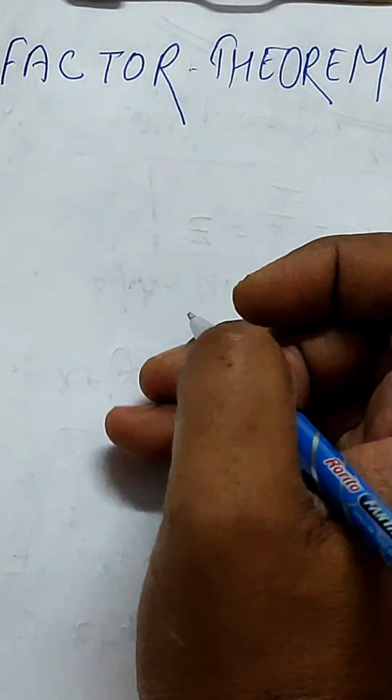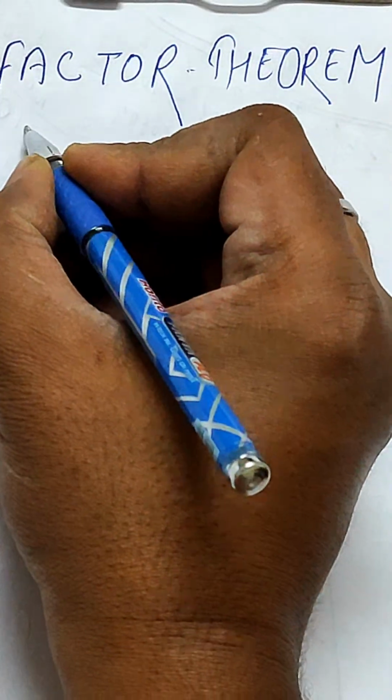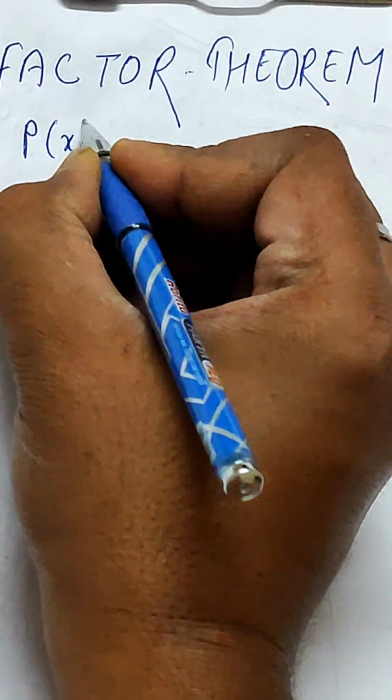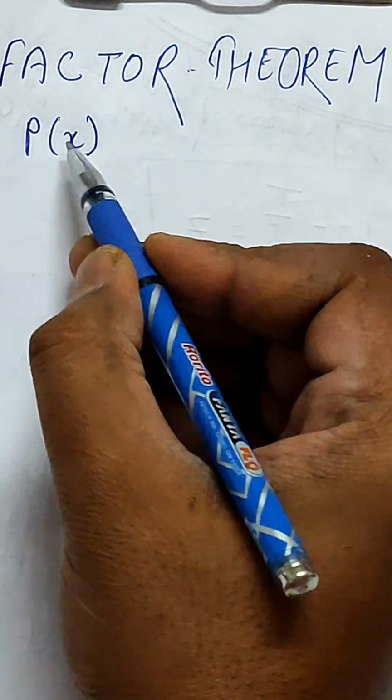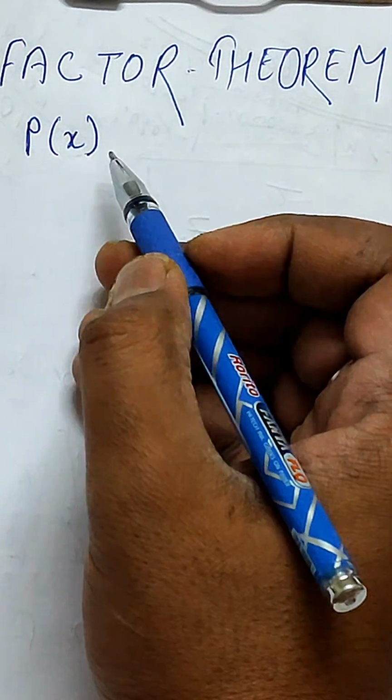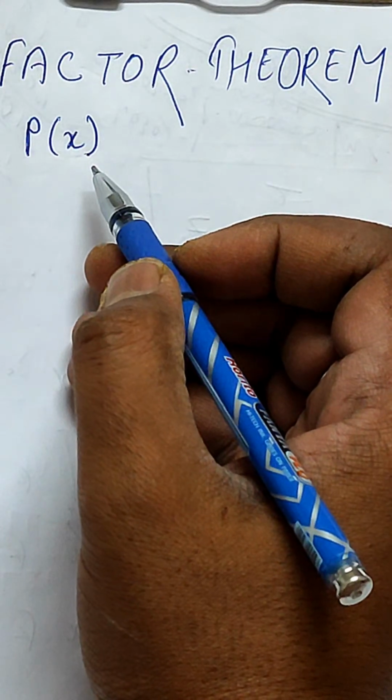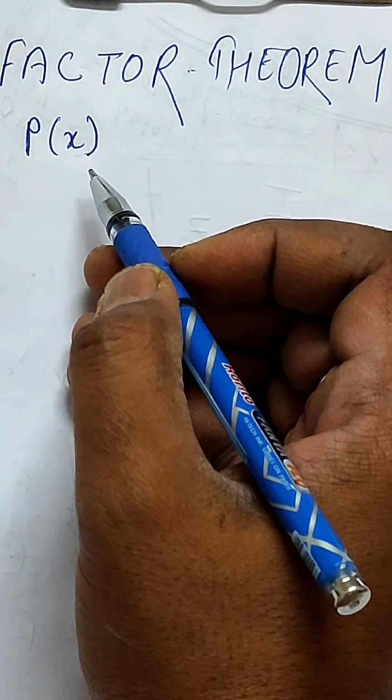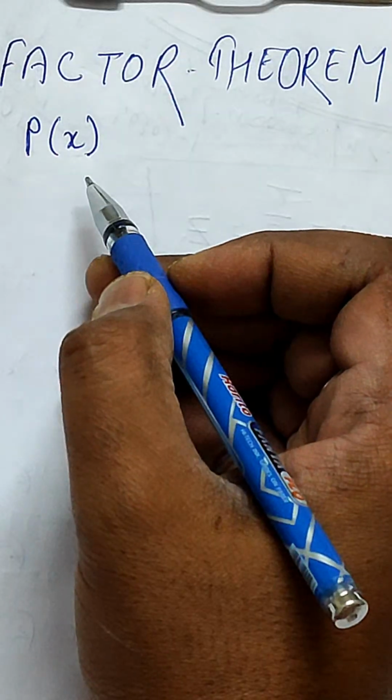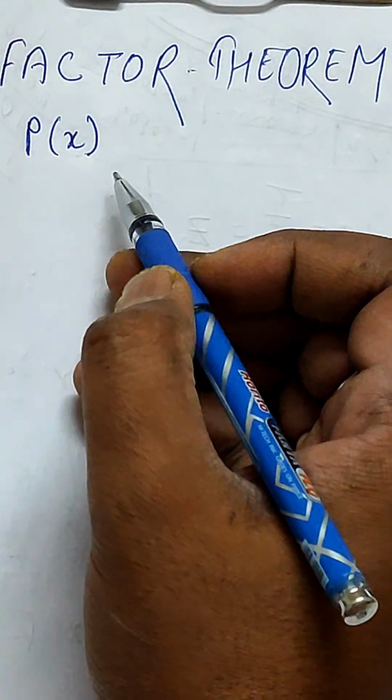Let's say a polynomial is there, let's say p of x, a polynomial in the variable x. Then we can say that it is a polynomial of degree greater than or equal to 1.